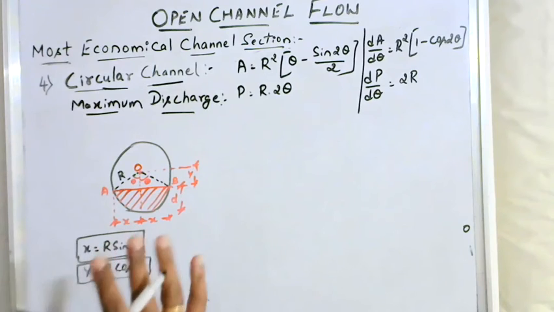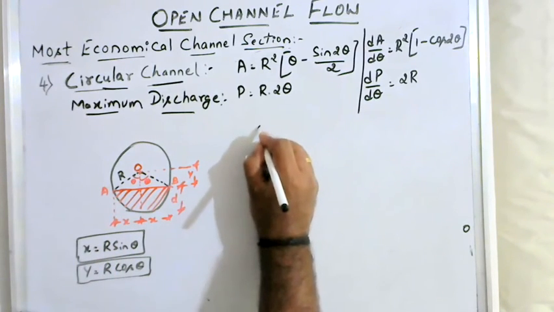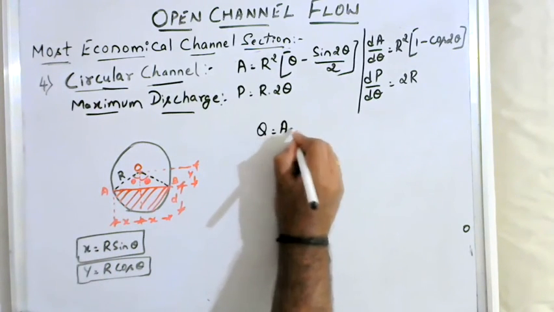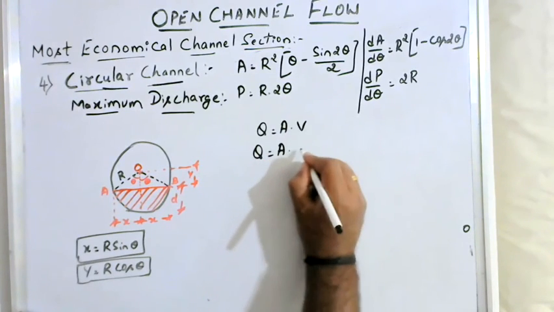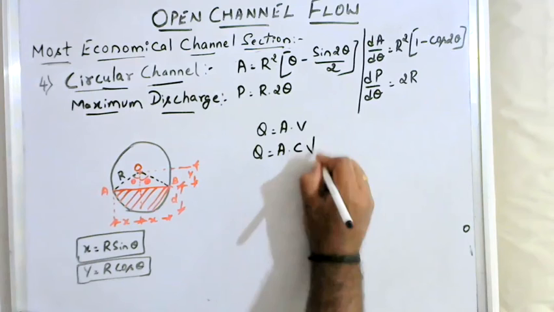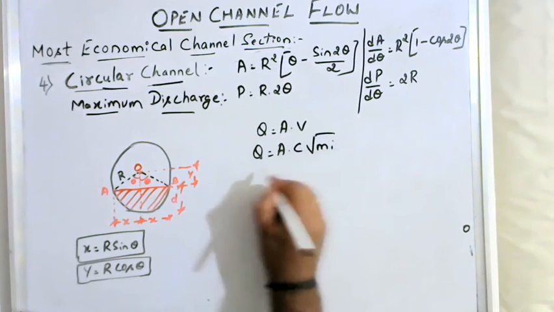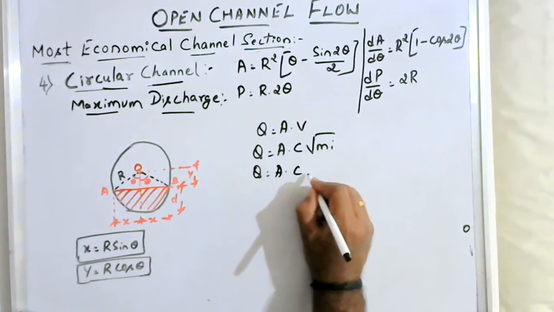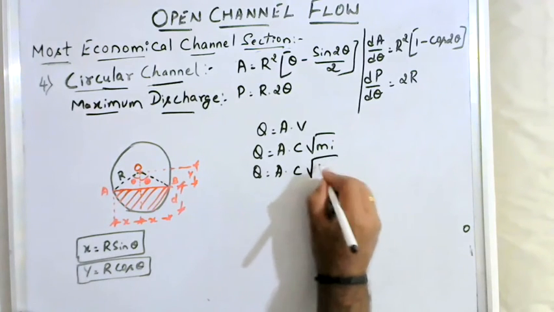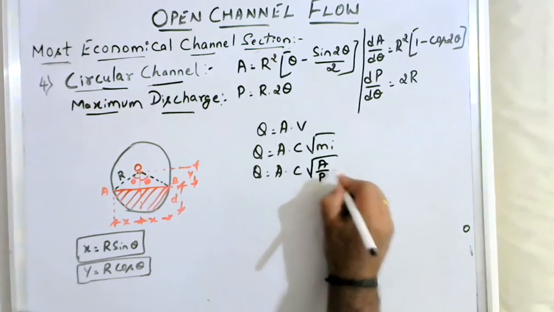In order to get a maximum discharge, I'll take the discharge equation. Q is equal to area into velocity, which is A into C root of m into i. Further, I can write Q is equal to A into C into root of (A by P) into i.